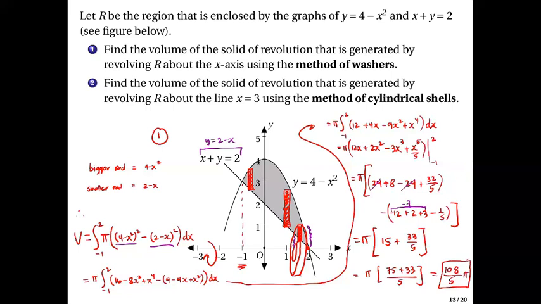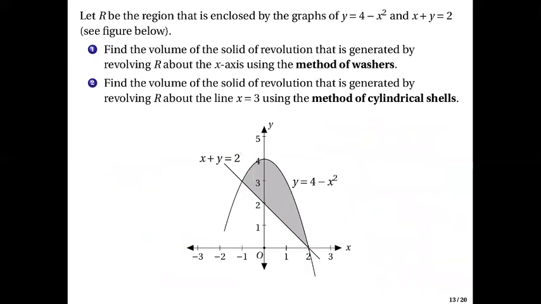For number 2, this time we want to get the solid of revolution by revolving the region R about the line x equals 3.